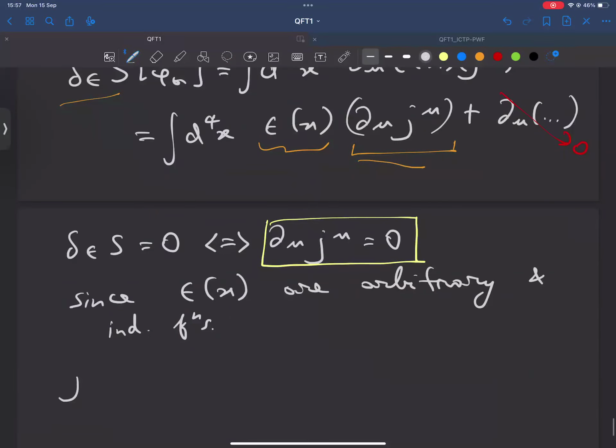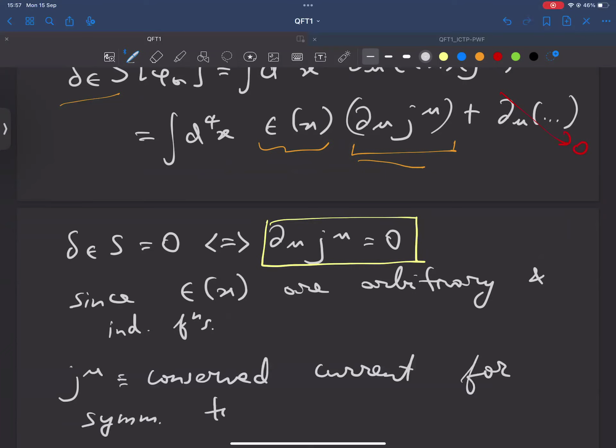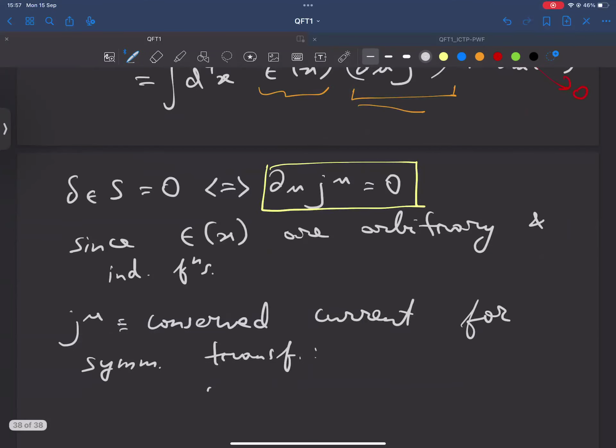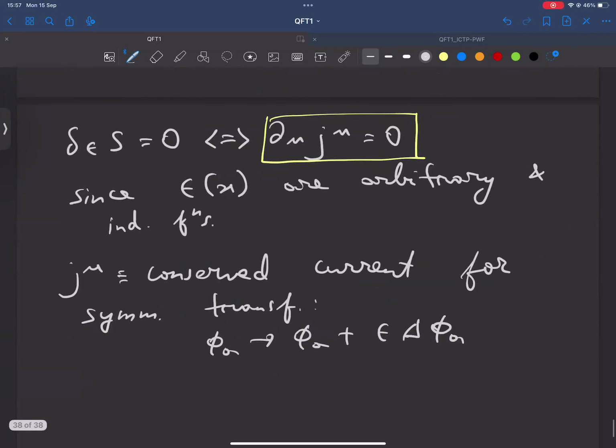So if that equation holds, then J mu is known as a conserved current for the symmetry transformation phi a going to phi a plus epsilon delta phi a.